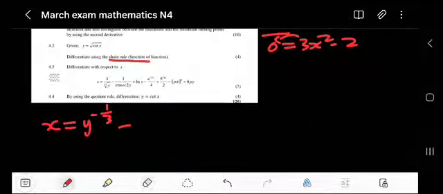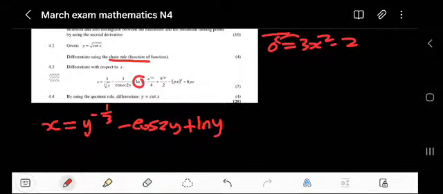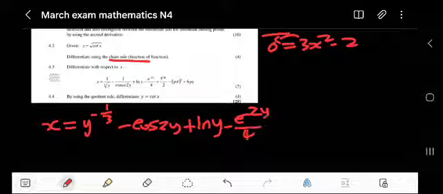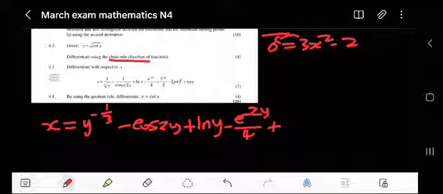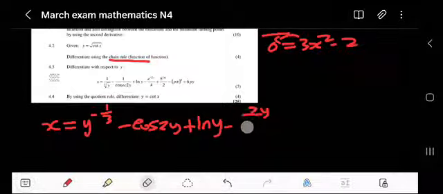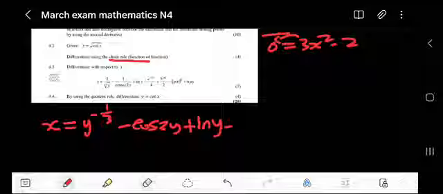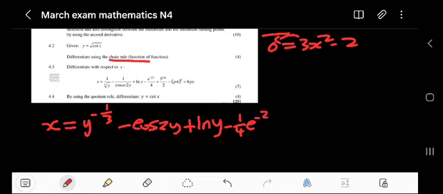Alright, so we'll have cos 2y plus ln of y. This is good. We have again minus e to the minus 2y over 4. This is good. Plus I can rewrite this as 1 over 4 e to the minus 2y plus this guy is the same as 5 over 2.